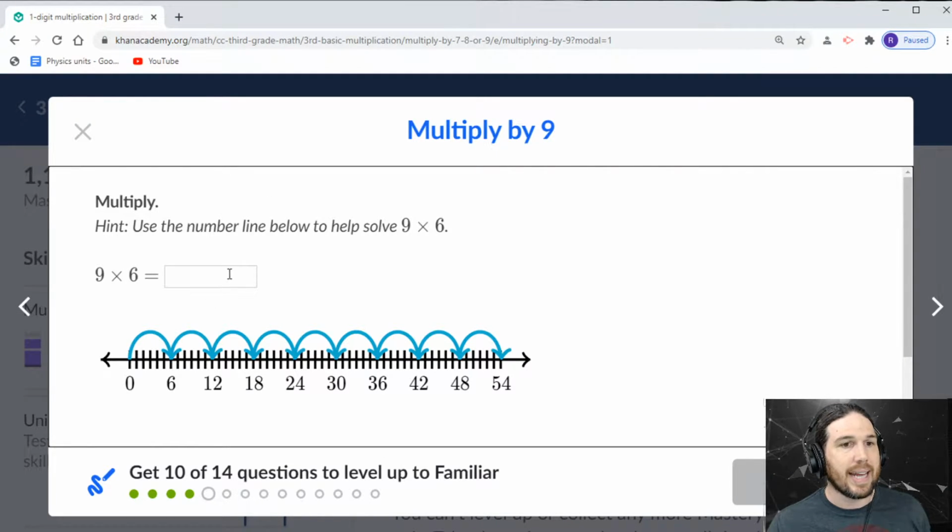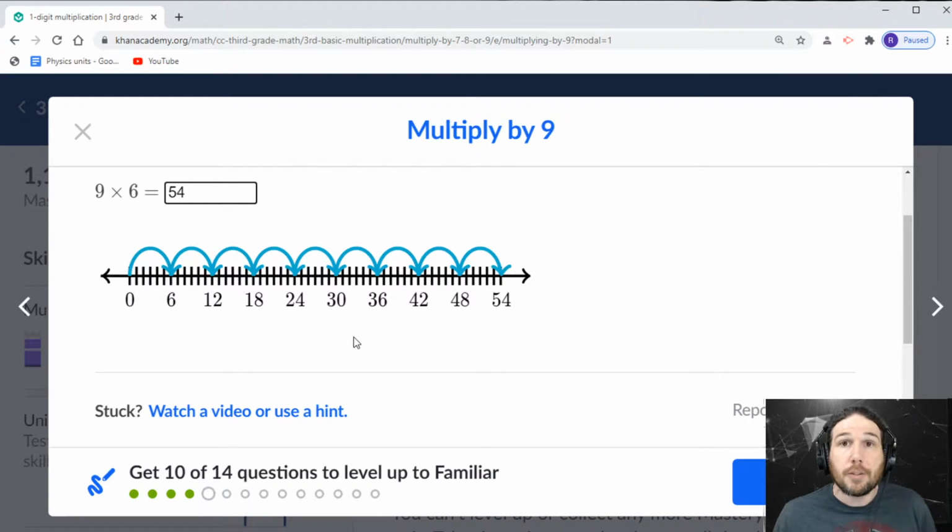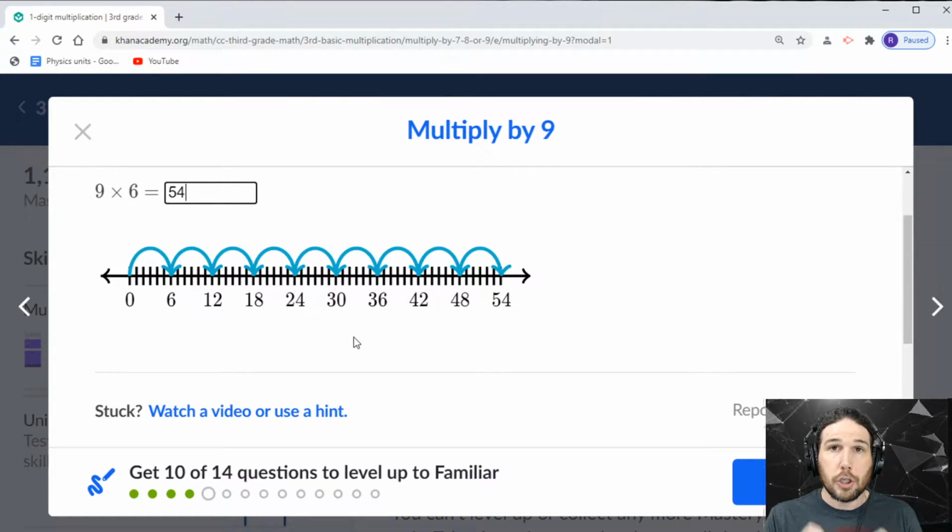For example, 9 times 6 is 54. 5 plus 4 is 9. And I'm going to talk about why that is in a later video. But it's a neat little trick. You know for sure, when multiplying by 9, that the two digits will add up to 9.